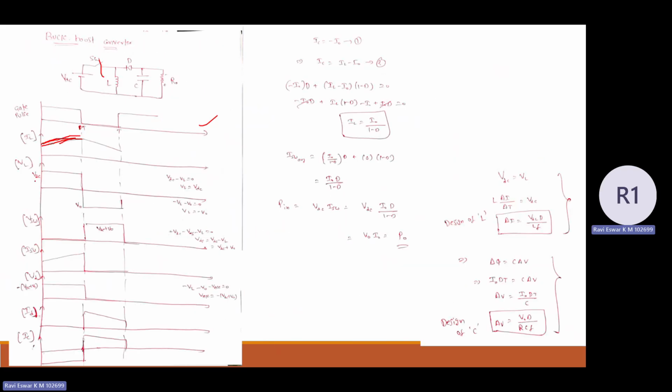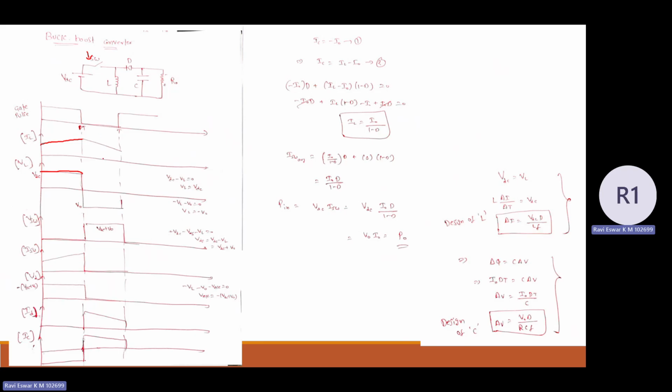Here I made a notation of VDC. So VL equal to VDC during the turn on state for a time of T on, that is D into T. During this turn on state, the voltage across the inductor is VDC, and the inductor is in charging state with the application of the gate pulse to the switch.